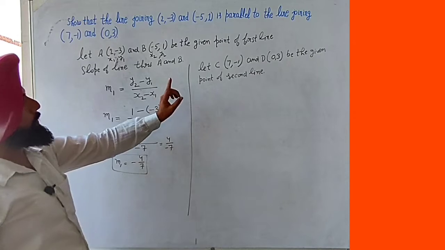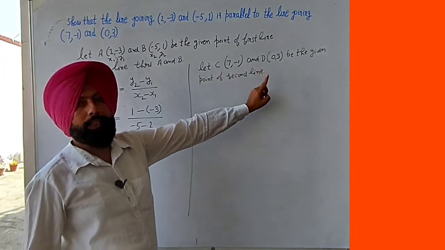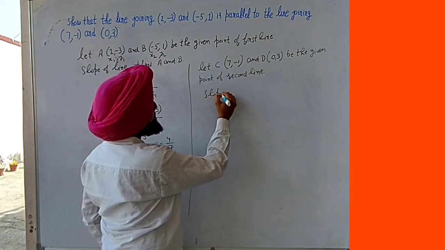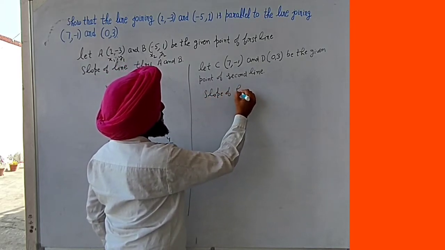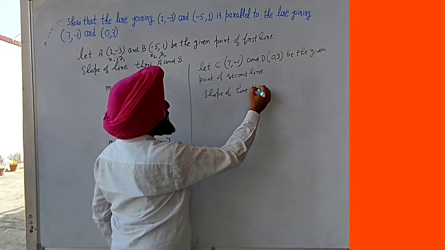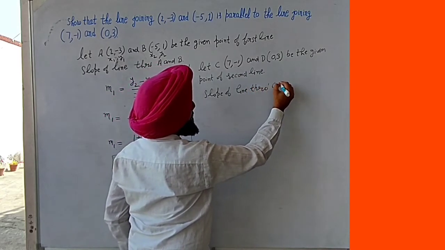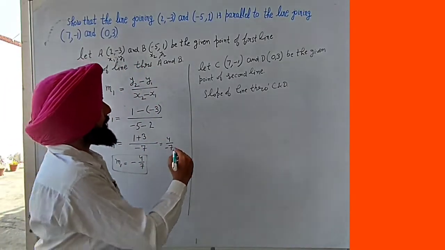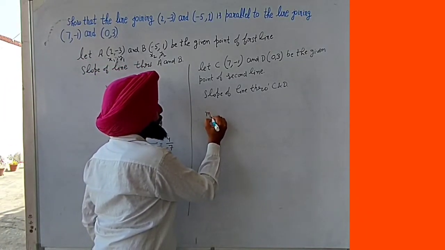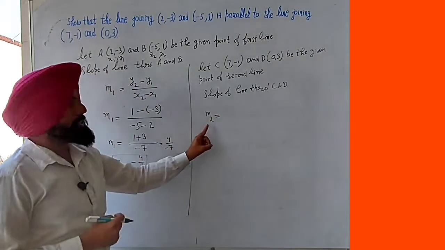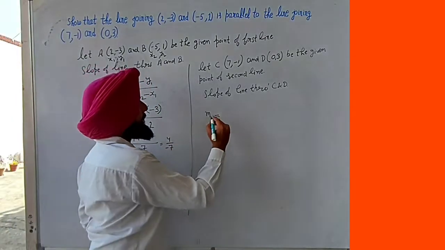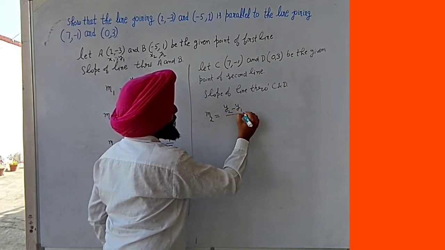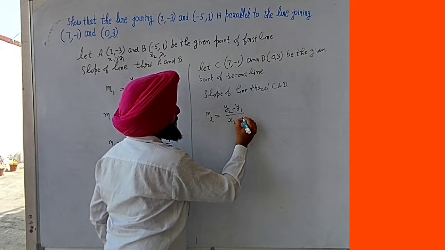Now slope of the line through C and D, the second line. M2, slope of the second line, again equals y2 minus y1 over x2 minus x1.